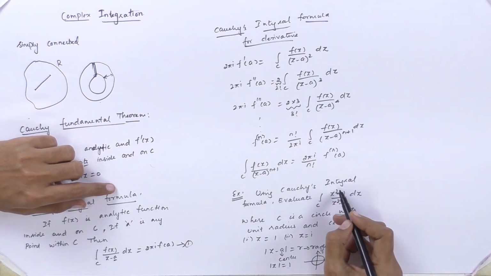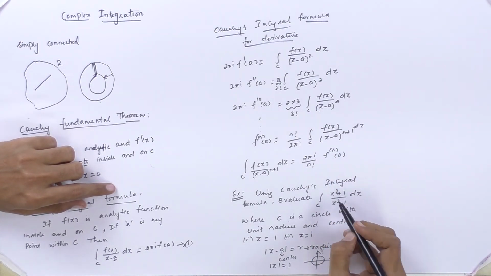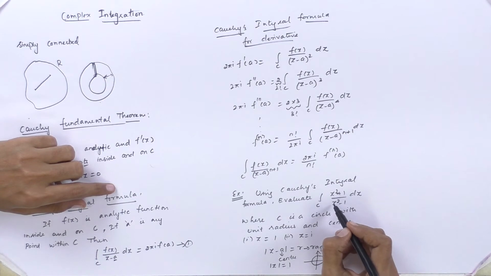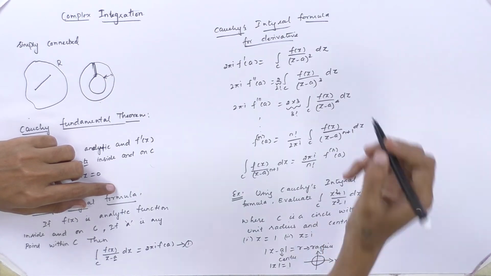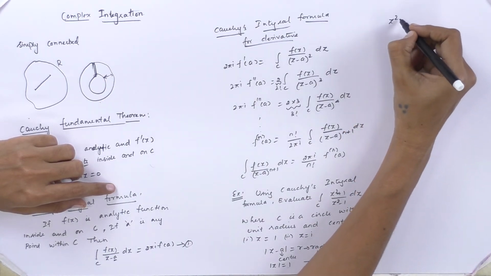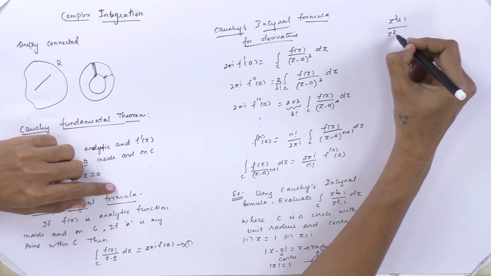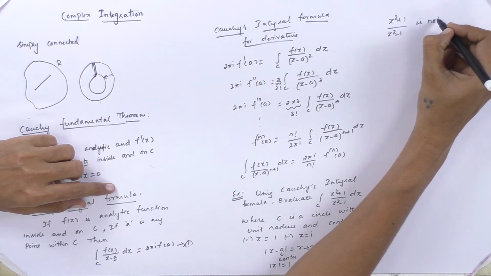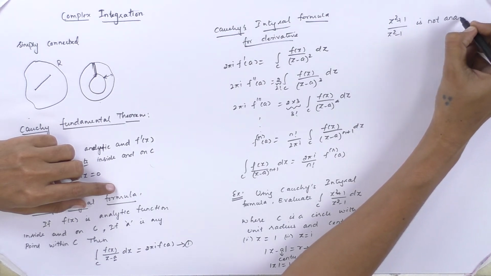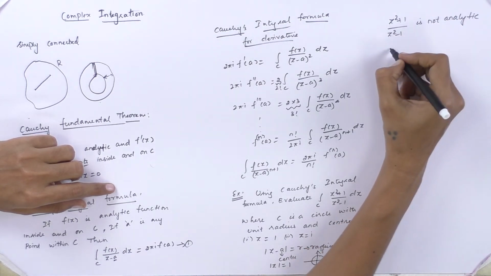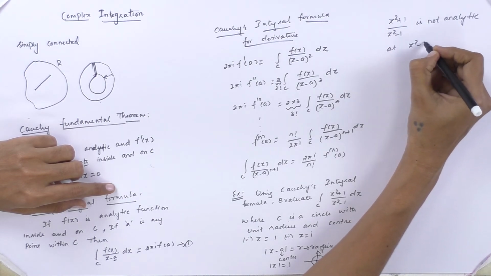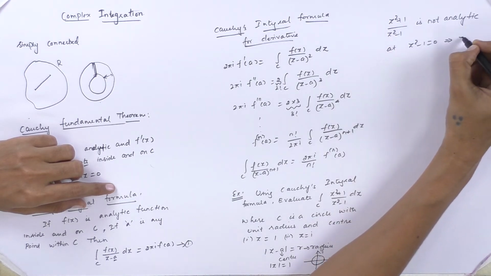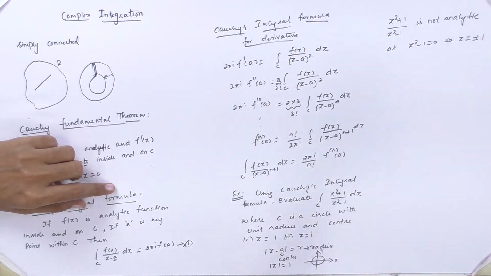So the integrand is not analytic when the denominator is equal to 0. So (z square plus 1) divided by (z square minus 1) is not analytic at the points where z square minus 1 is equal to 0, which implies z equal to plus or minus 1.